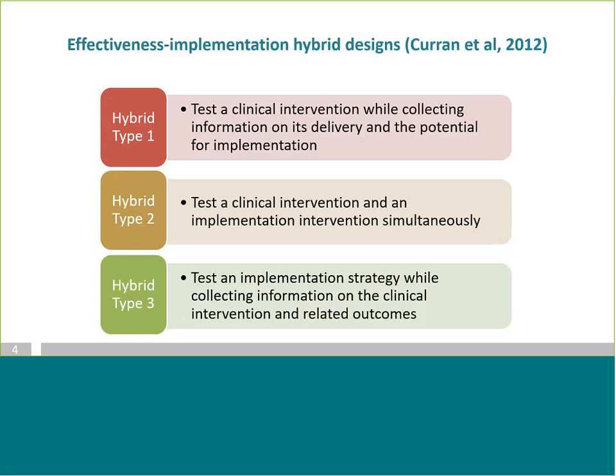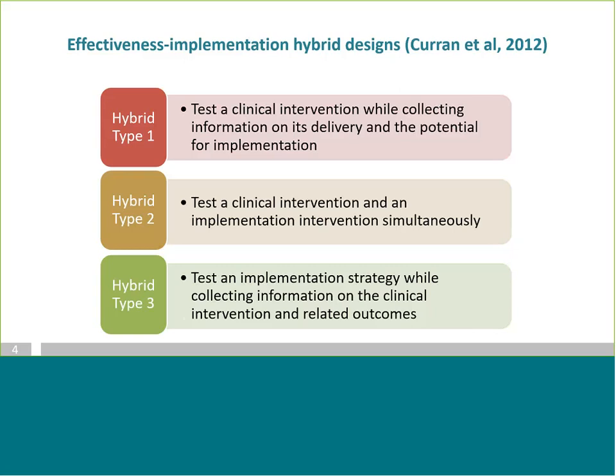The other question, what's leading me to confusion in Curran's article, and I think it would be a very good idea to have him come talk, is when I read in table 3 about type 2, it's about determining feasibility and potential utility. That doesn't necessarily imply a comparative test.